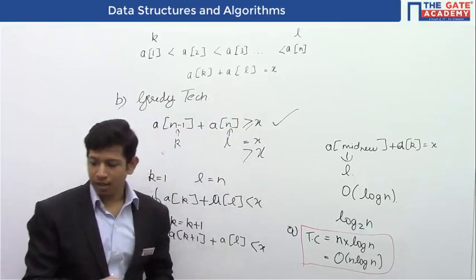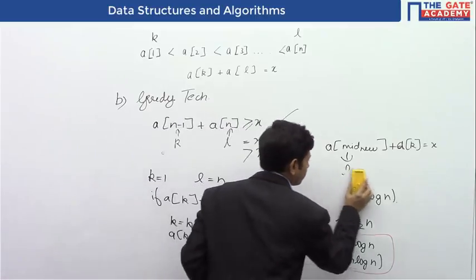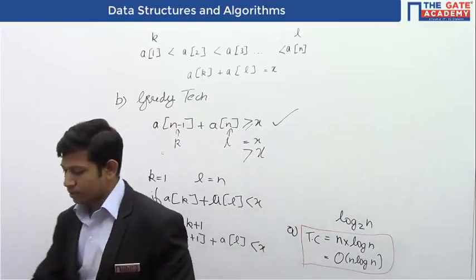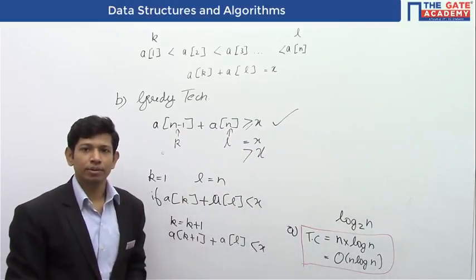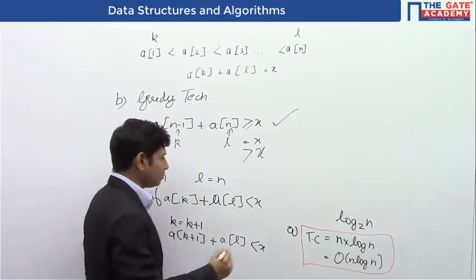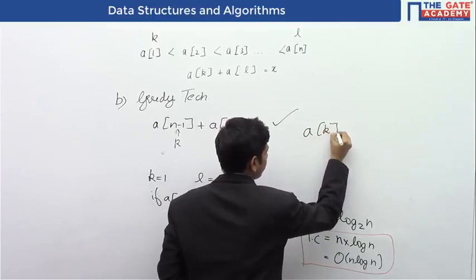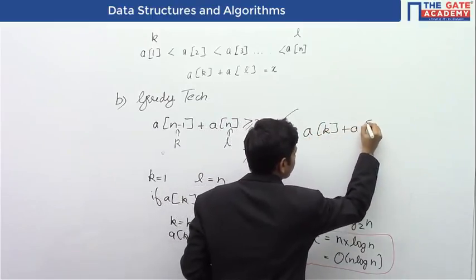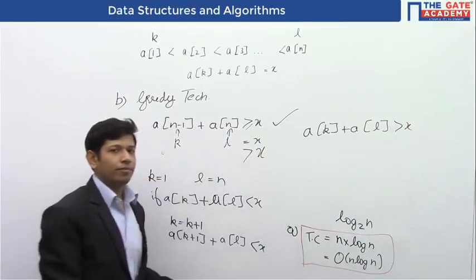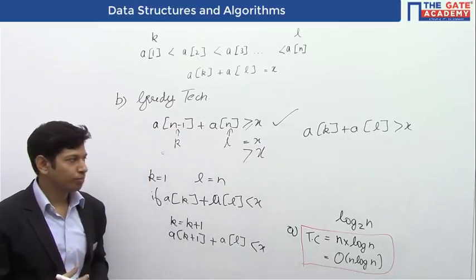Second case that we can encounter is that this sum is actually greater than x. If a of k plus a of l is greater than x, then what we need to do?